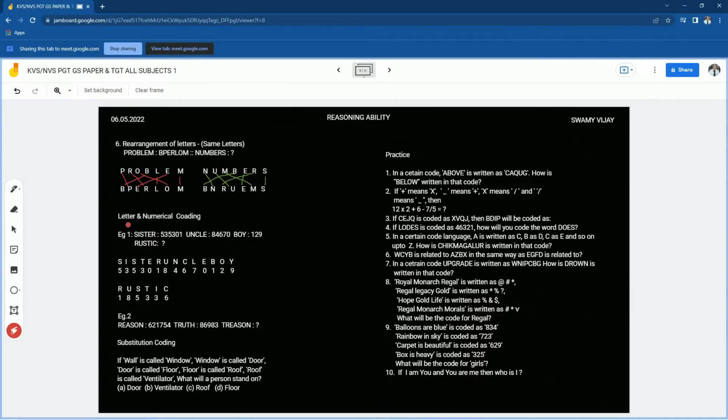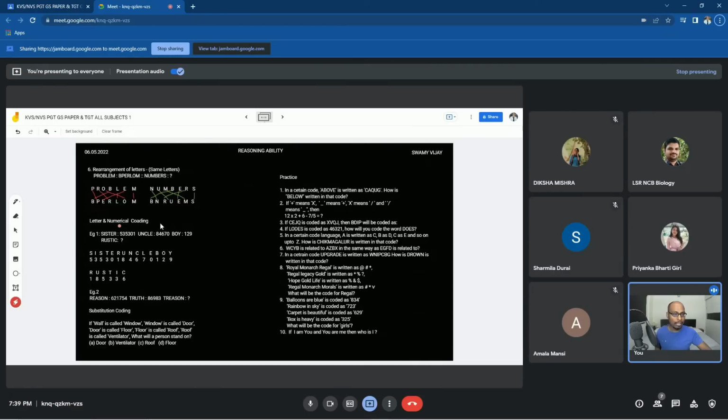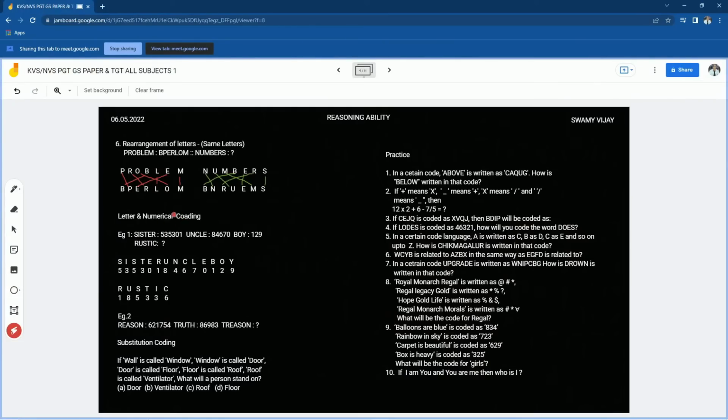So we are going with the next set of questions called letter and numerical. Here the letters are being coded using numbers. Earlier they gave only letters with letters, but here they have mixed letters with numbers.